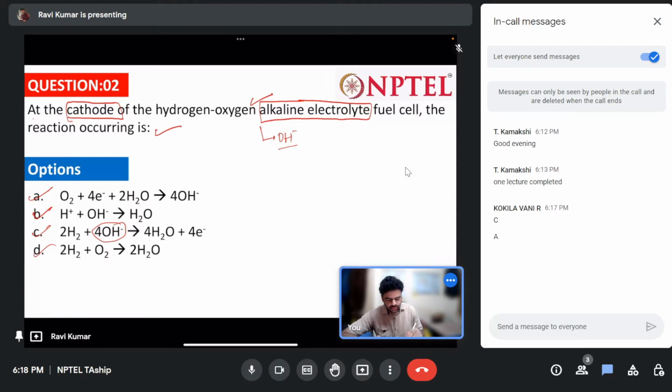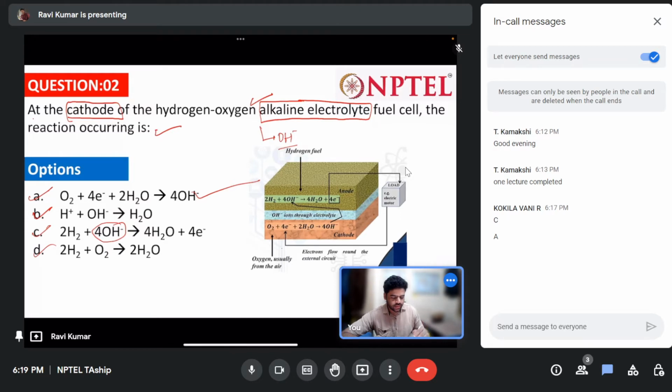A. Yes. Here this is the alkaline based fuel cell, and here we can see this is the reaction at cathode which generates OH negative ions which flow through this electrolyte. So yes, the answer for this is A.